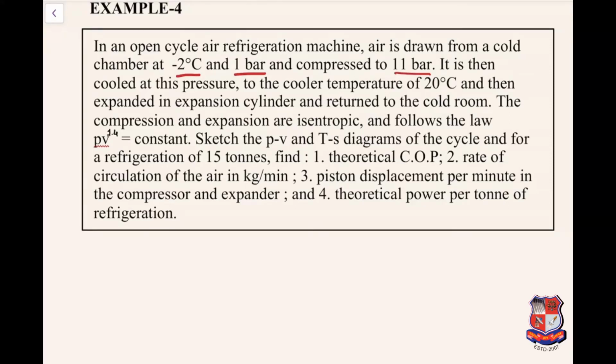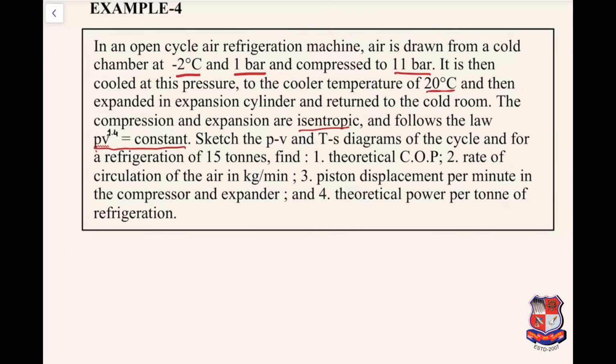Then it is cooled at this pressure to the cooler temperature of 20 degrees Celsius. So T1 and T3 are given, and then it is expanded in the expansion cylinder and returned to the cold room. The compression and expansion are isentropic, so it is directly given, and it follows PV^gamma equal to constant.